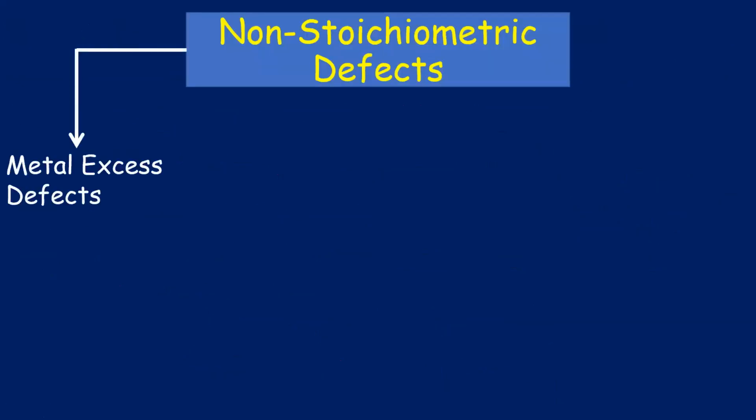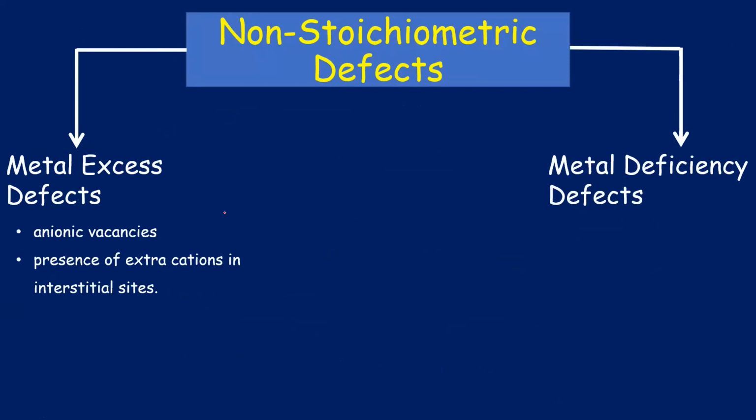Okay, so there are two types: metal excess defects, in which you have more number of metals, and the metal deficiency defects. Now in metal excess defect we can create excess of metals in two ways. We can either remove anions, or we can add cations.